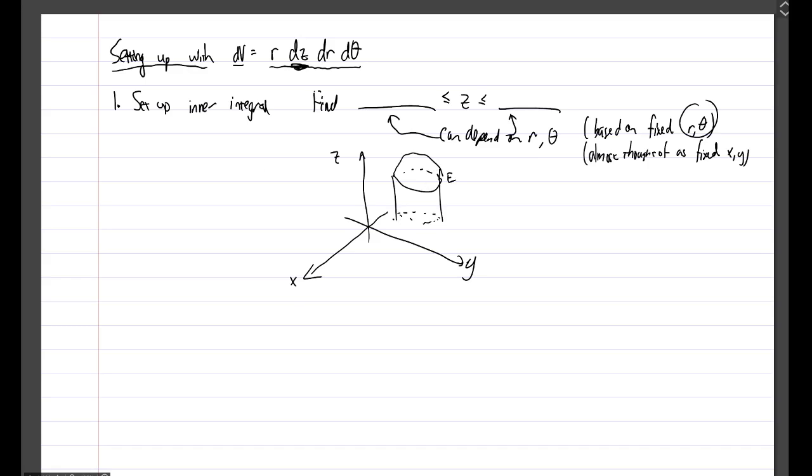Then the point is, for a specific value of x and y, but it's really a value of r and θ, maybe there's a point right here described in terms of r and θ on the xy plane. And what you do is you move up until boom, you hit the object, and then you're inside the object. And at some point you leave the object, and so you're trying to get the lower z value and upper z value all in terms of r and θ.